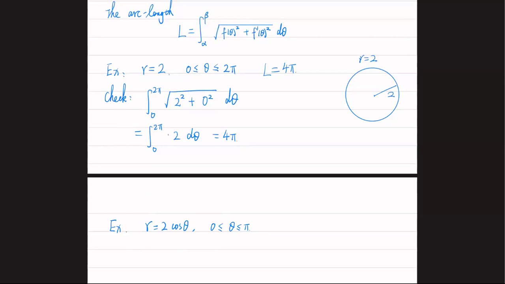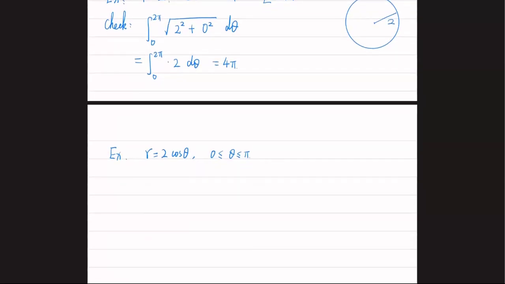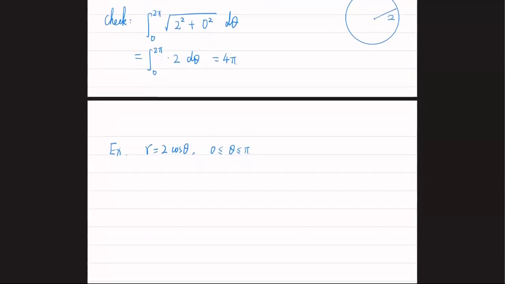Sakina, you know, it's a circle of radius. Okay, so let's see what's the equation. If we multiply both sides by r, we get r squared equals 2 r cosine theta. So x squared plus y squared equals 2x.